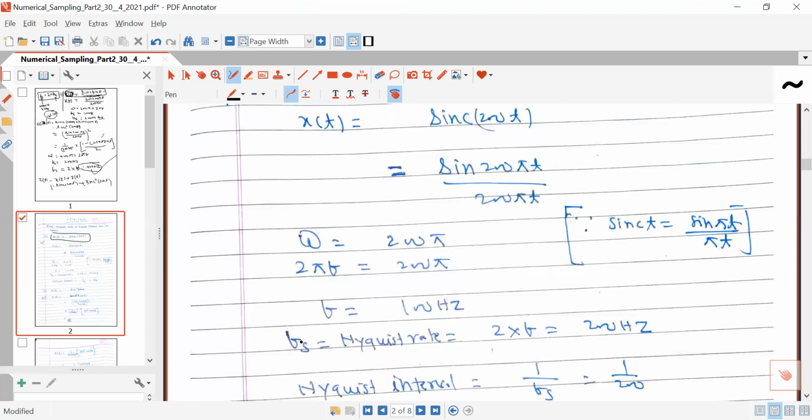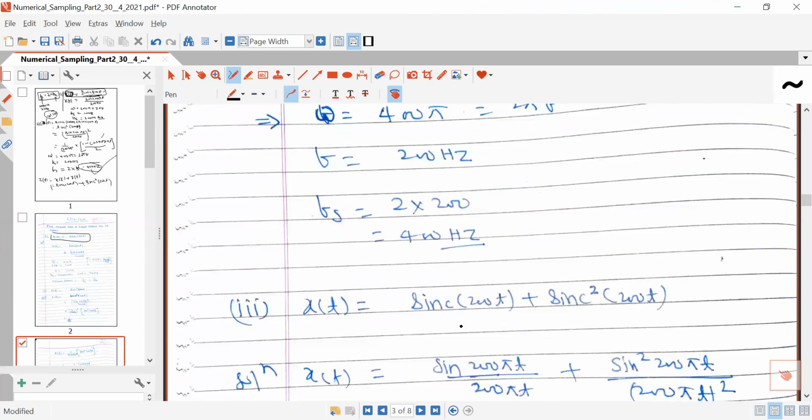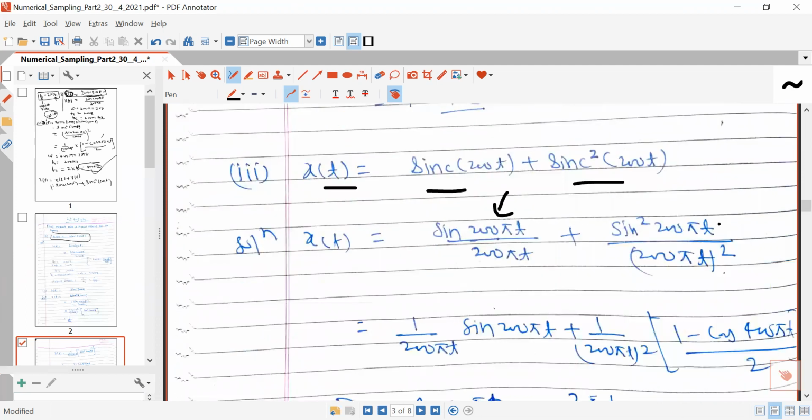I have already solved this example here. This is the example where I have added two Sinc signals. One is Sinc 200t and another one is Sinc square 200t. So Sinc 200t means sine 200 pi t by 200 pi t, and Sinc square 200t means sine square 200 pi t by 200 pi t whole square. So you can write this in terms of cos by using the basic concept of trigonometry.